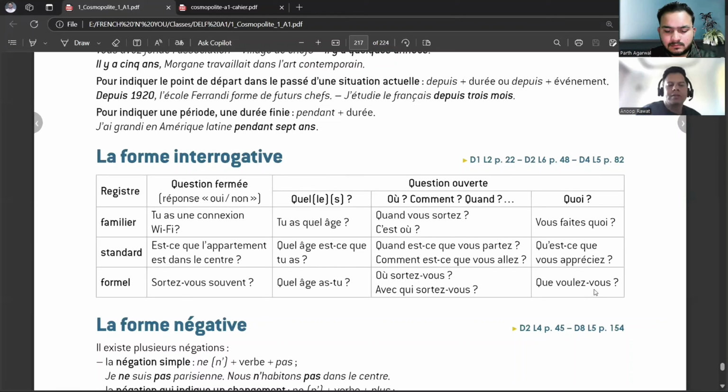Okay, and these are the different three ways of asking: formal, standard, and informal.